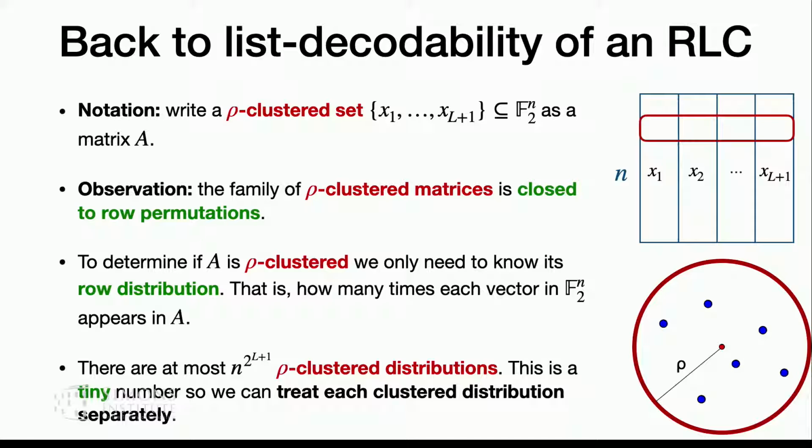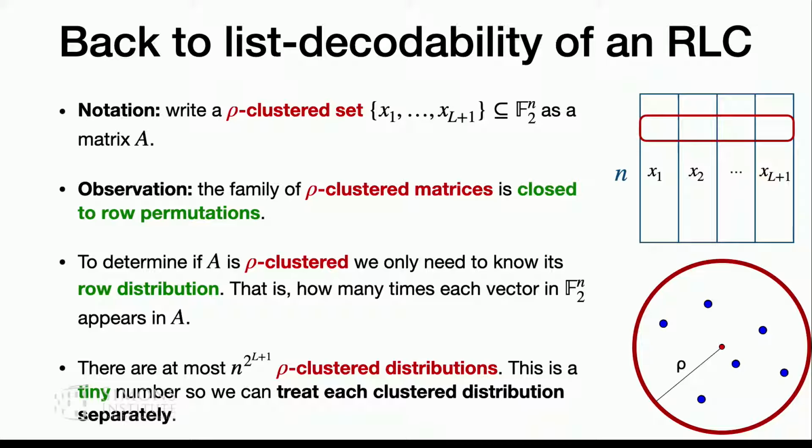How many possible rows are there here? If this is a binary matrix, then it has L plus 1 columns, so each row is just a vector of length L plus 1, and there are 2 to the L plus 1 possible rows.